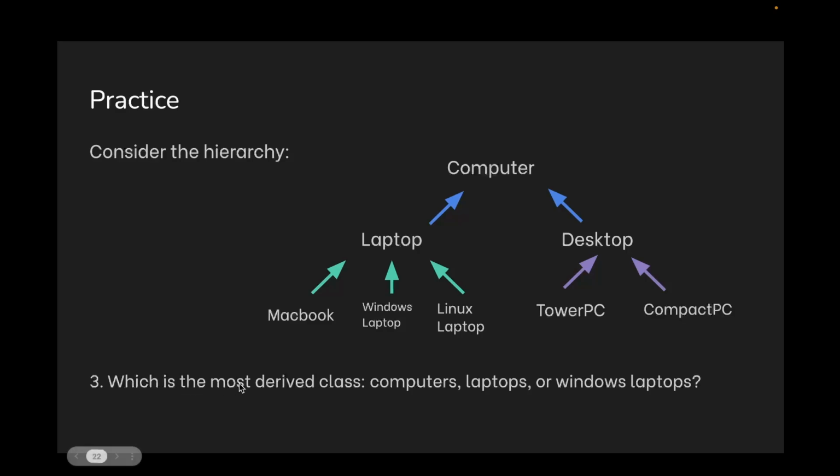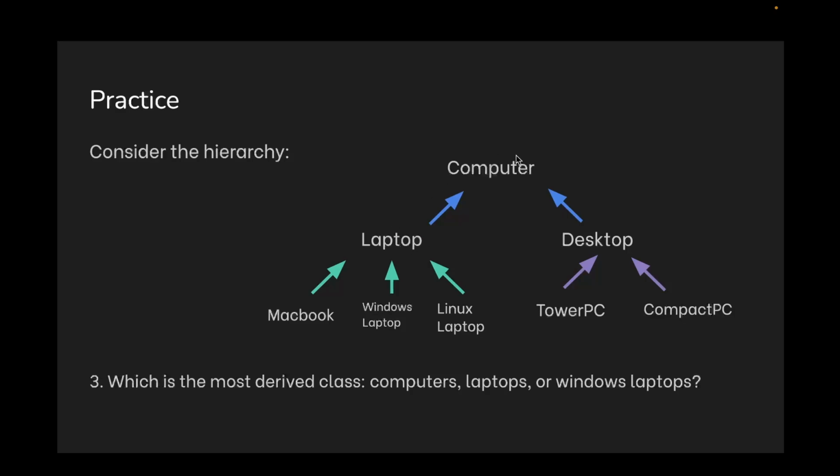So which is the most derived class? Computers, laptops, or Windows laptops? This might be kind of tricky because we didn't talk about what the most derived is, but try putting an answer in the chat. Alright, most people are saying computer, but in this case it's actually Windows laptops, because Windows laptops are at the bottom and they are derived from most of these classes, remember?